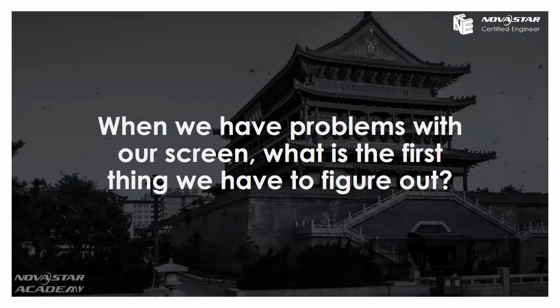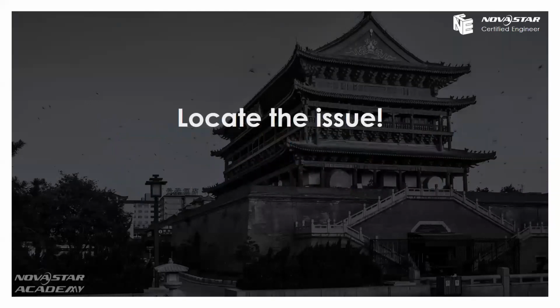From my experience, the first thing we should do is locate the issue, because we cannot just check one point at a time. That is ineffective. So we need to find a way to locate the issue to improve our troubleshooting efficiency.